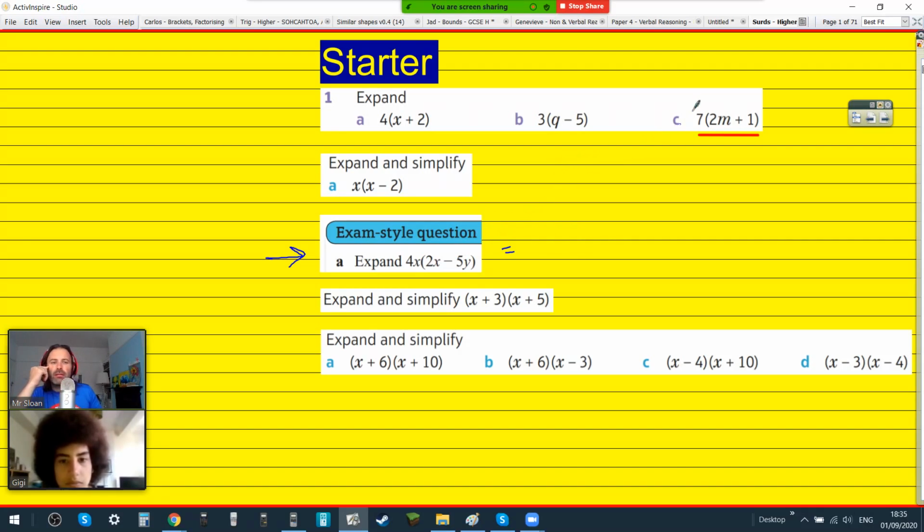You're rusty. Try this one up here. 7 times (2m plus 1) will be 7 times, it'll be 14m plus 7. Yeah.